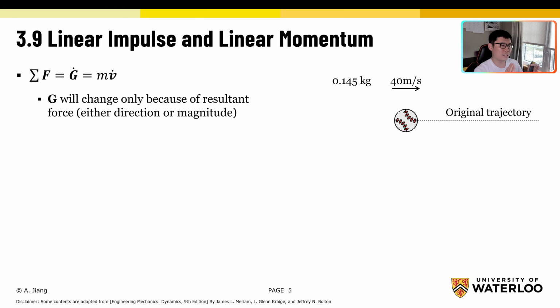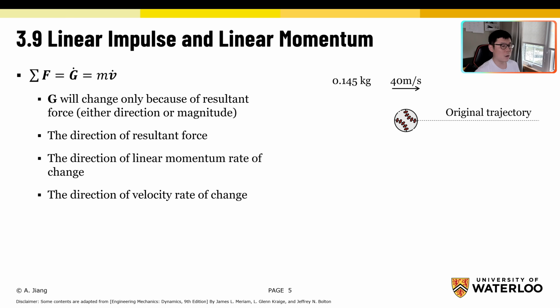The resultant force is the reason for changing acceleration because the linear momentum was derived from Newton's second law. They are closely related. Here are three directions I want you to pay attention to: the direction of resultant force, the direction of linear momentum rate of change, and the direction of velocity rate of change. But you can see probably already, they are the same thing as expressed in this equation here.